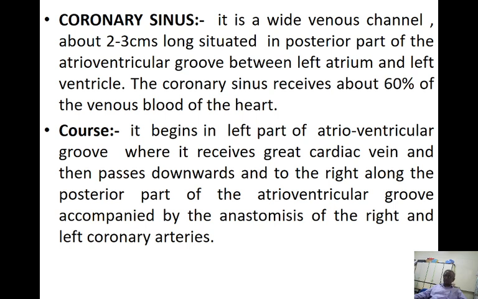Of course, it begins in the left part of the atrioventricular groove, where it receives great cardiac vein and then passes downwards and to the right along the posterior part of the atrioventricular groove, accompanied by the anastomosis of the right and left coronary arteries.